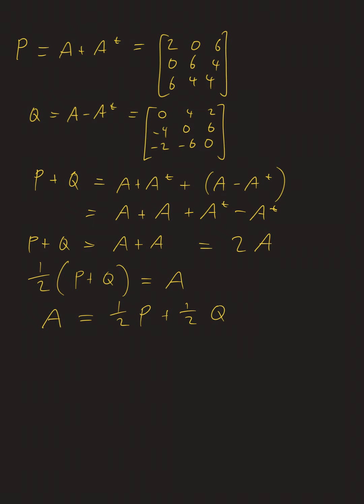I'll do it a bit quicker this time. First row times first column: 1 times 1 is 1, plus 2 times 1 is 2, plus 2 times minus 1 is actually minus 2. Now I'll go down that first column. Second row, first column, position 2, 1. I'll multiply the second row by the first column.